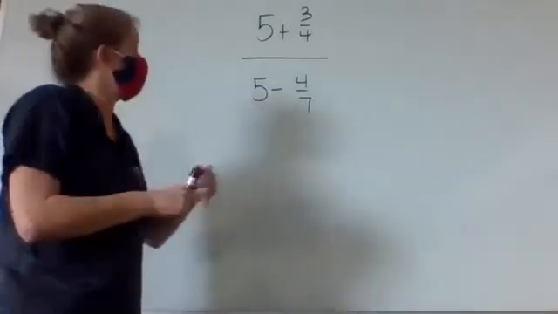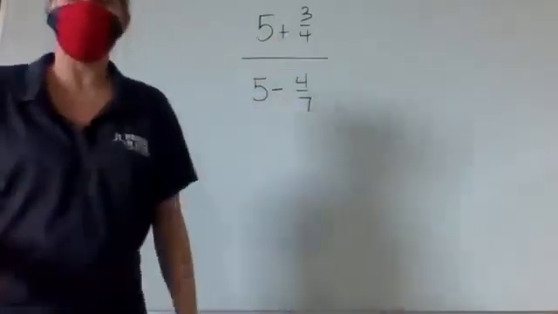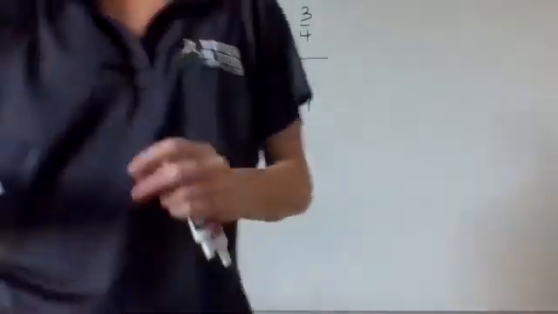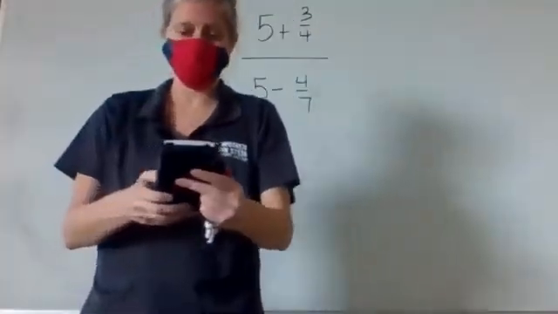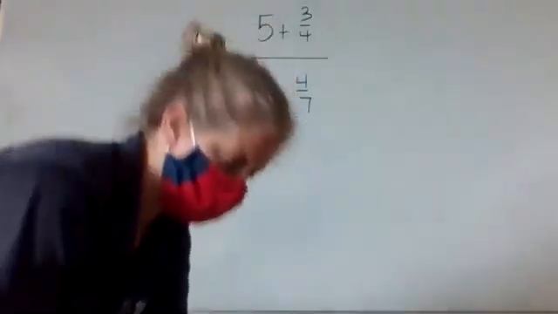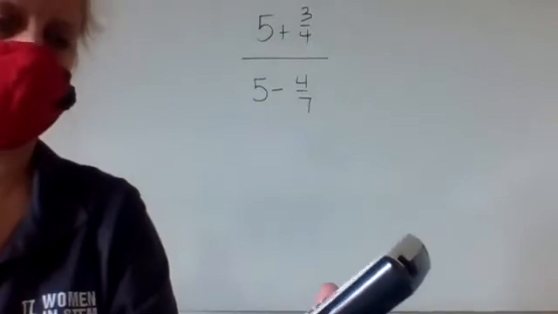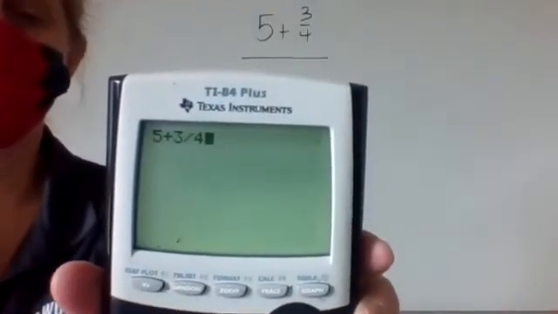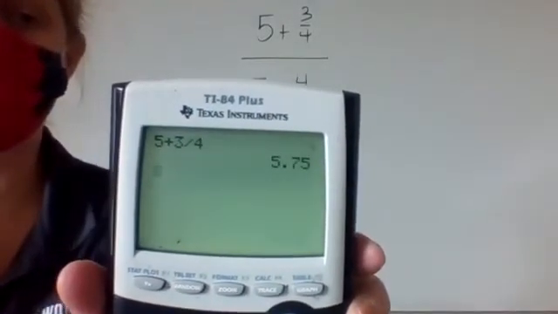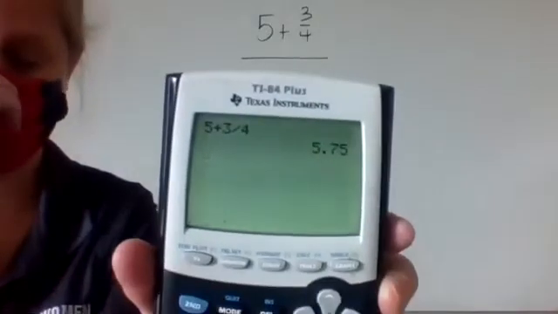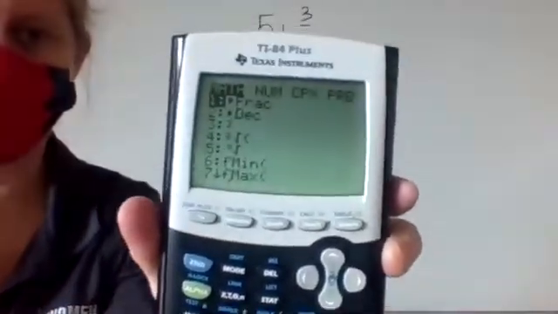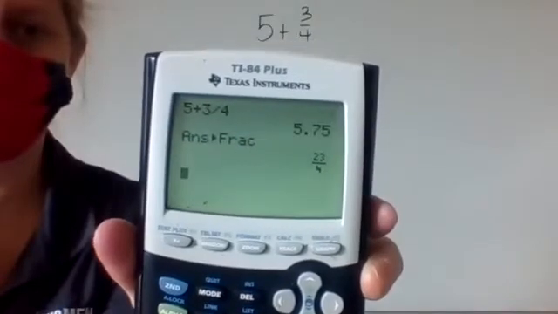So what I need to do first is see what 5 plus 3/4 is. I'm going to do it with my calculator. 5 plus 3/4, so 3 divided by 4. It's going to give me a crazy decimal, which means I will math enter that.